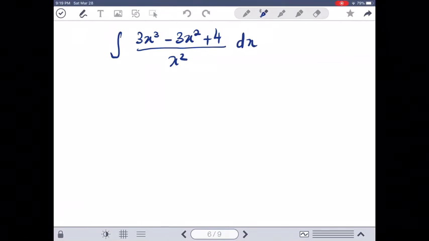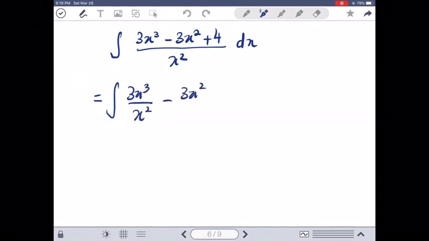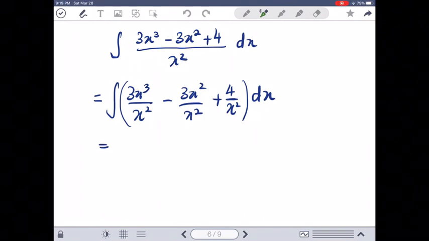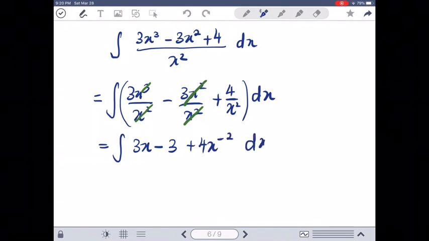Again, look at each term individually. This is just equal to integration of 3x to the power of 3 over x squared minus 3x to the power of 2 over x squared plus 4 over x squared with respect to x. So you can simplify. x squared over x squared becomes 1, done. So rewrite everything: integration of 3x minus 3 plus 4x to the power of negative 2 with respect to x.